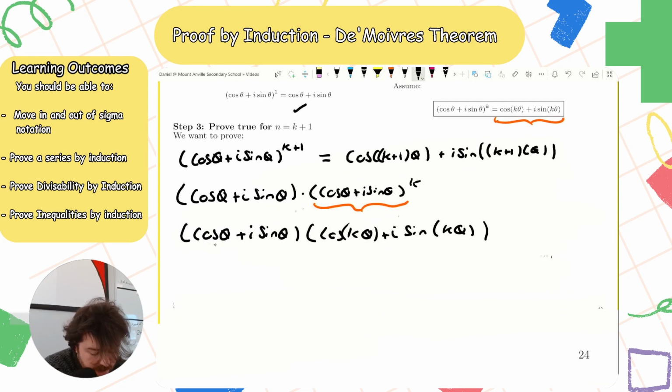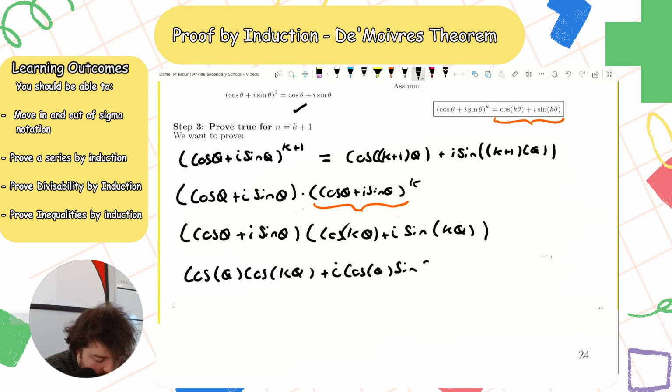Multiply this out. Cosine theta times cosine k theta is just cosine theta cosine k theta. Cosine theta times i sine k theta, that's going to be plus i cosine theta sine k theta.